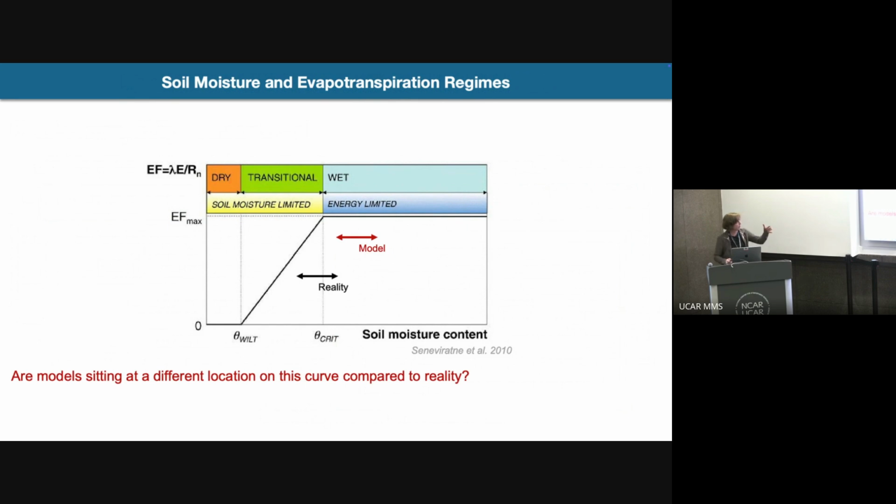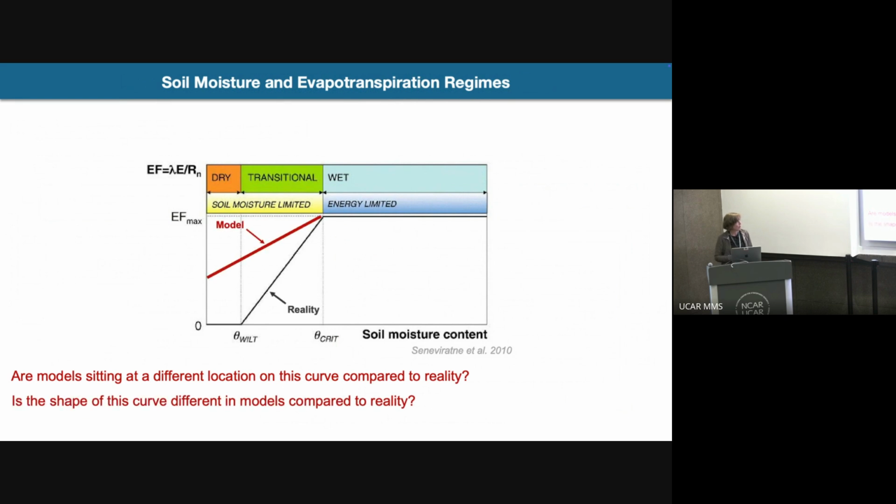So what if the model and reality in these arid and semi-arid regions are sitting in a different part of this curve of regimes? Or what if the slope for how evaporative fraction varies as a function of soil moisture is different in the model compared to reality?